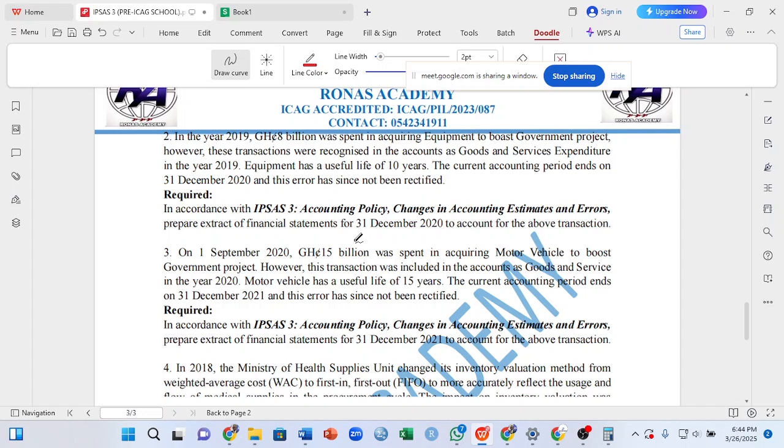The current accounting period ends on 31st December 2020, and this error has since not been rectified. Required, in accordance with IPSAS 3 accounting policy, changes in accounting estimates and errors, prepare extracts of financial statements for 31st December 2020 to account for the above transaction.